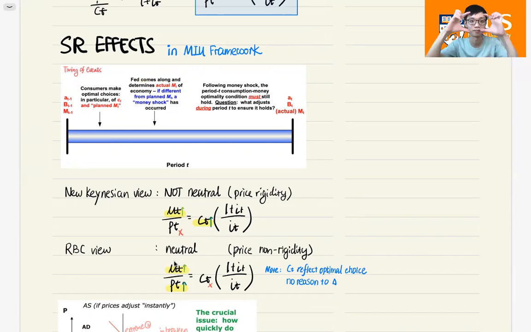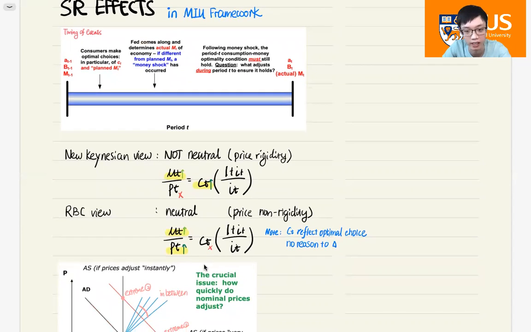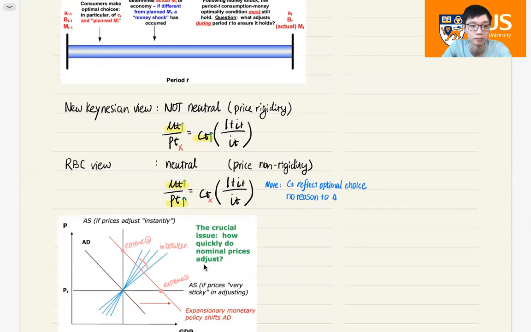Don't have the note that says this is real money. So as long as the nominal money goes up, the price will follow. So in the end, there is no difference, right? So CT reflects the optimal choice. There is no reason for CT to change because it is the optimal price ultimately.